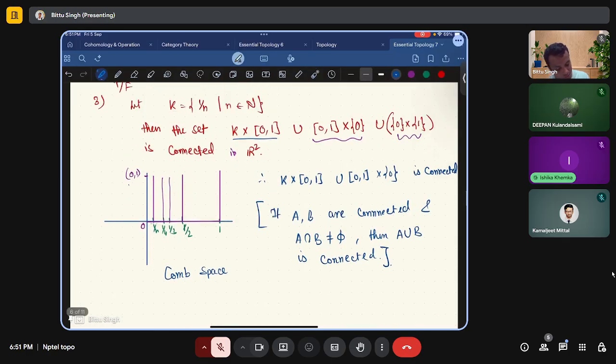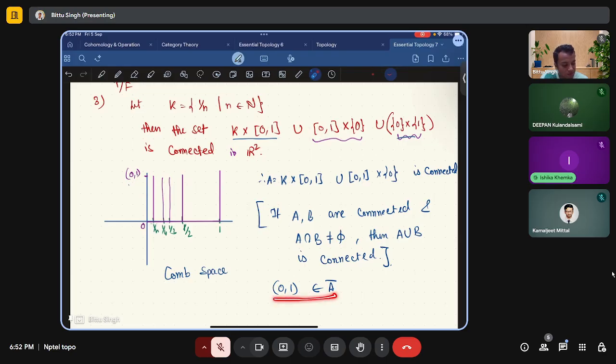So consider the case A equal to this. Then note that this point (0, 1) belongs to the closure of A. Take any open ball around this point (0, 1); it always intersects some lines of A. This is the open ball around the point (0, 1).